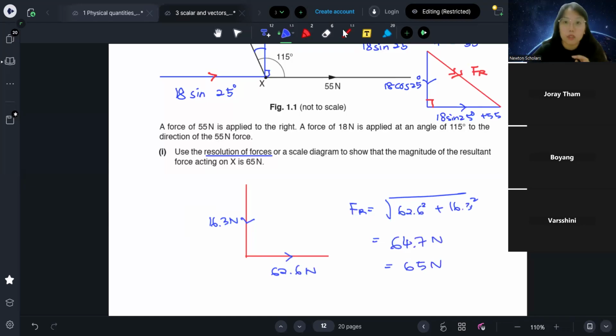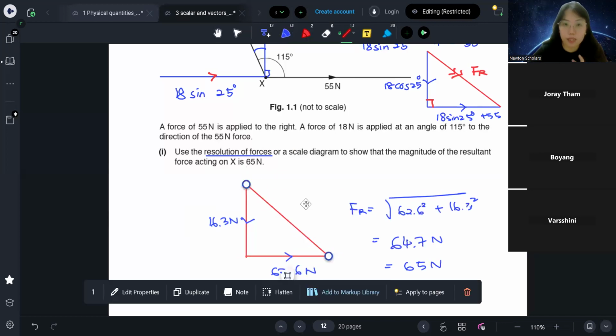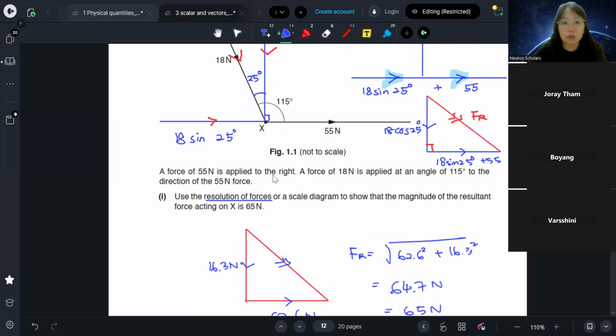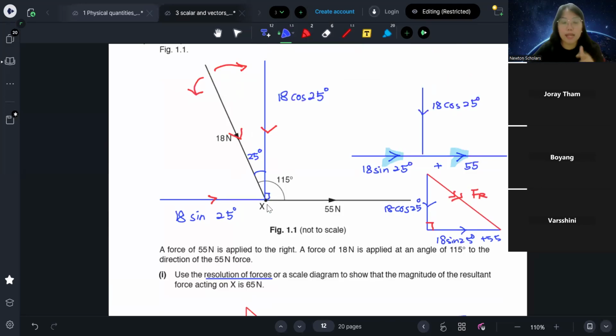Okay, this question you may use scale diagram. You will get the same answer using scale diagram. That means that you no need to solve this. Using the scale diagram, you just draw 18 cm, but 18 cm too big. You find a suitable scale, draw it out.